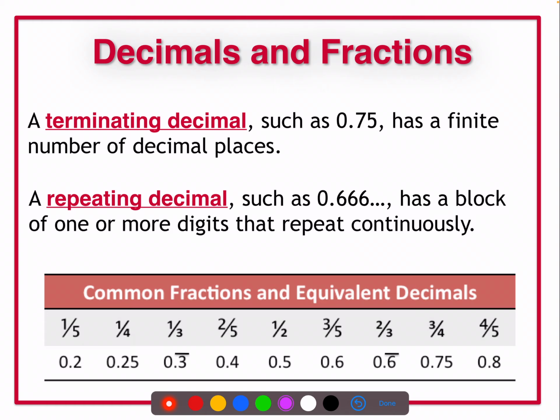So for example, starting with 1/5 equals 0.2, 1/4 is 0.25, 1/3 is 0.3 repeating, and then 2/5 will be 0.4, 1/2 is 0.5, 3/5 equals 0.6, 2/3 is 0.6 repeating, 3/4 equals 0.75, and 4/5 equals 0.8.